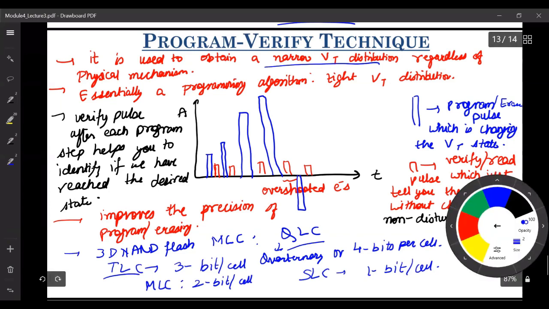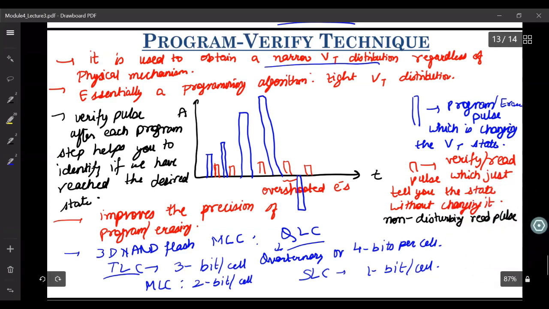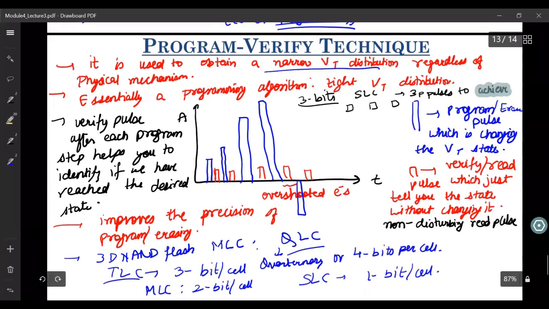Now let us talk also about throughput, programming throughput. So if MLC were not there, suppose you want to store 3 bits with a memory that is showing SLC, single level capability. So if MLC is not there, for representing 3 bits, you would require 3 memory cells, and then you would require 3 programming pulses to write this 3-bit word.